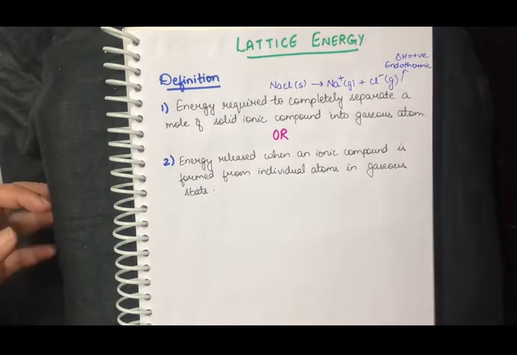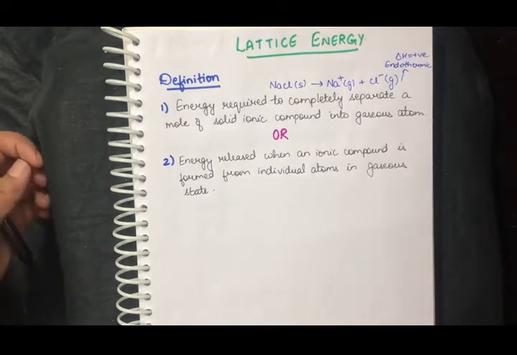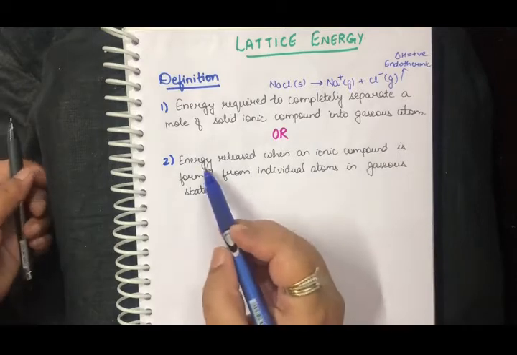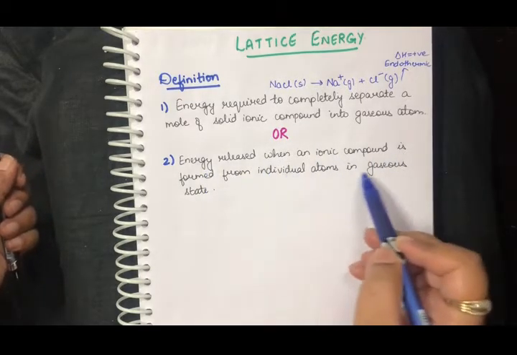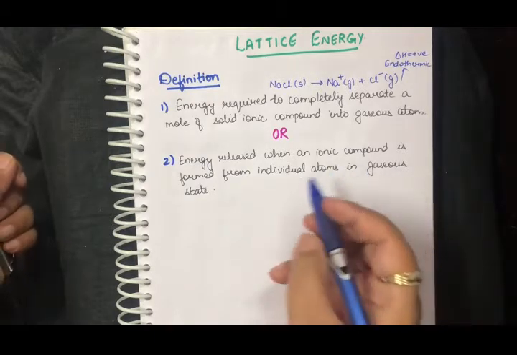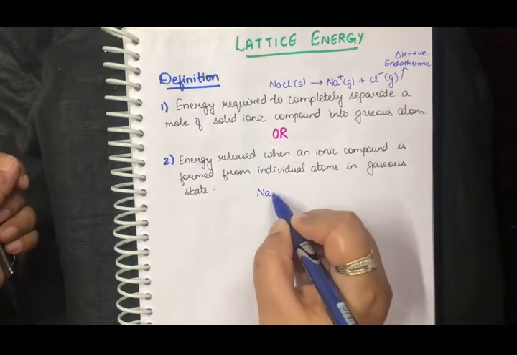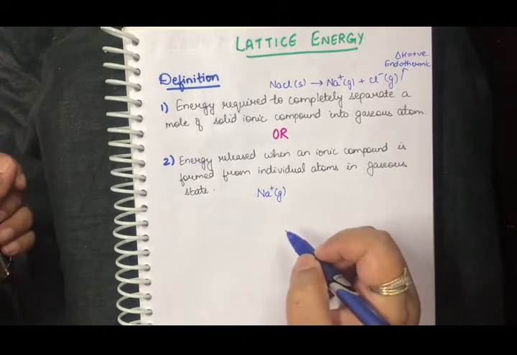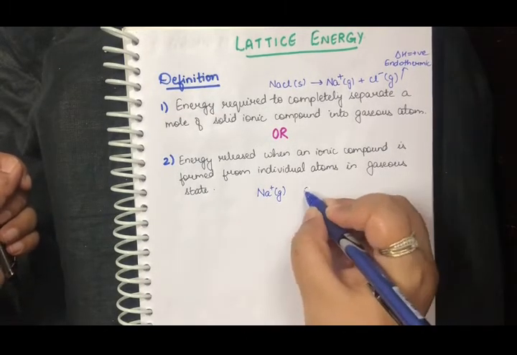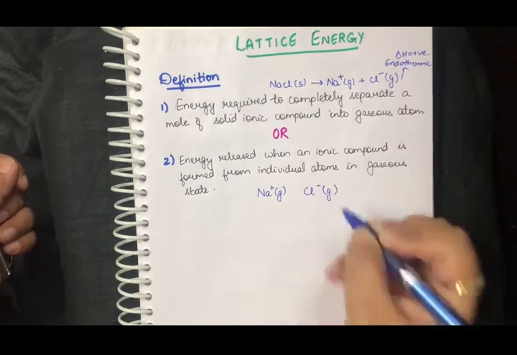Now the other definition of lattice energy is the energy released when an ionic compound is formed from the individual ions in the gaseous state. I will take the same example. I have the individual cation in Na plus form, the individual anion in Cl minus form.